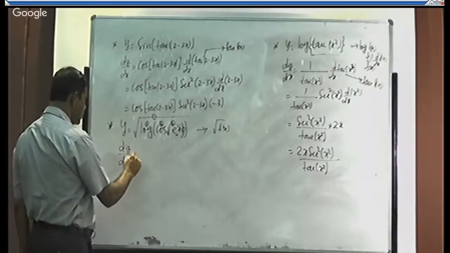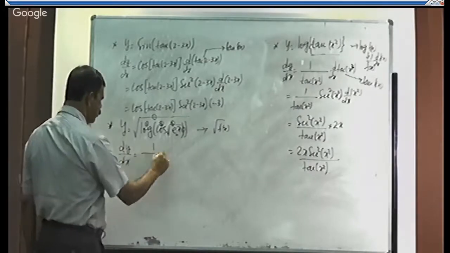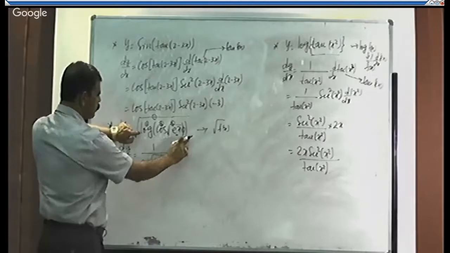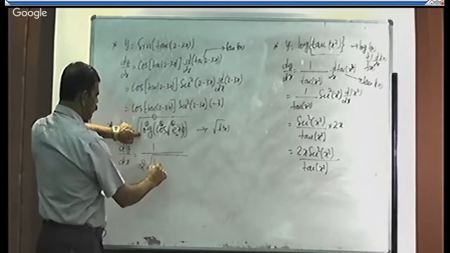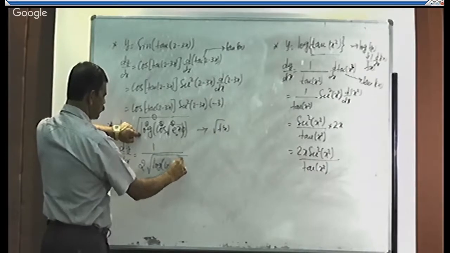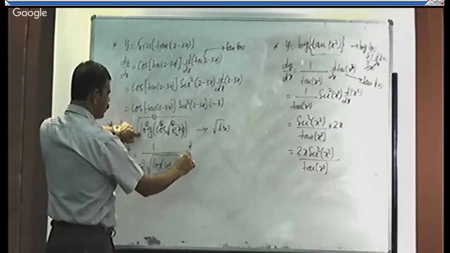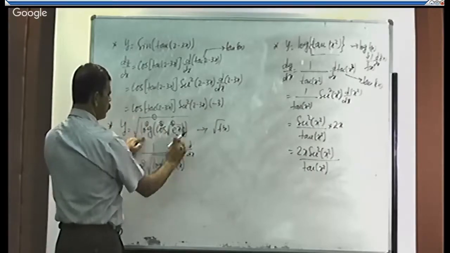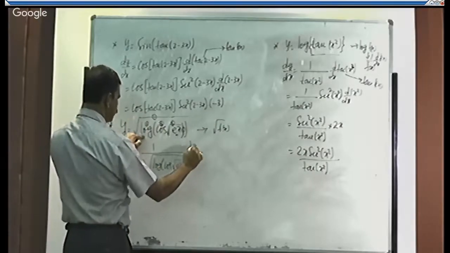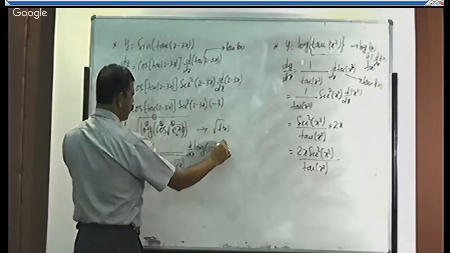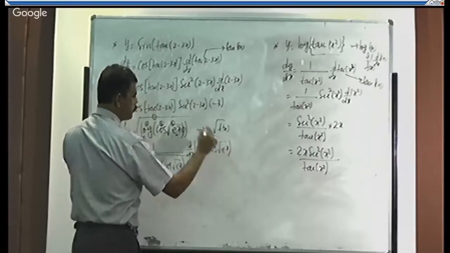dy by dx is equal to 1 divided by 2 root of the whole thing. It is log of cos of root of e power x into d by dx of function. What is function? All the terms inside the root: log of cos of root of e power x.